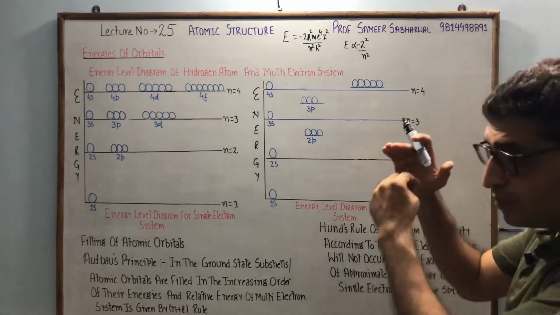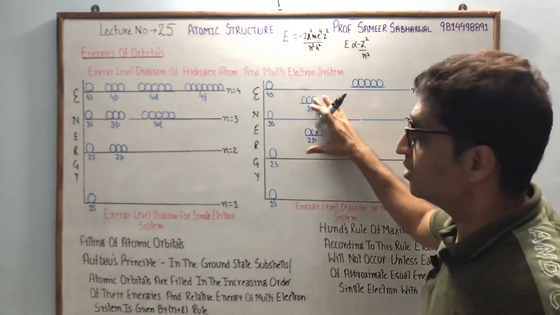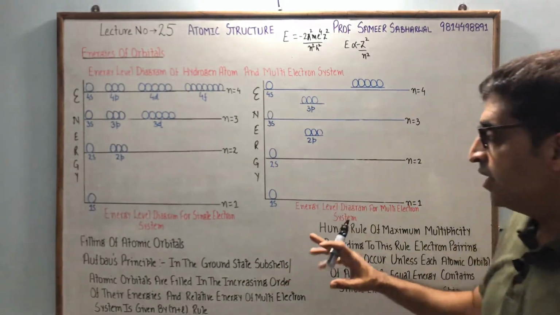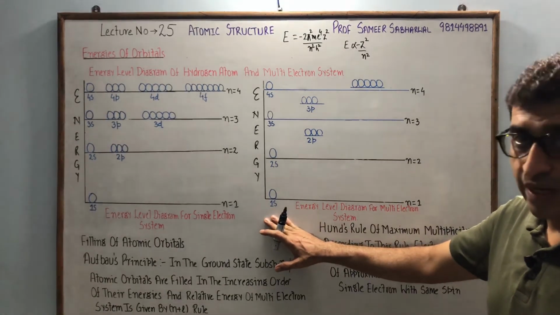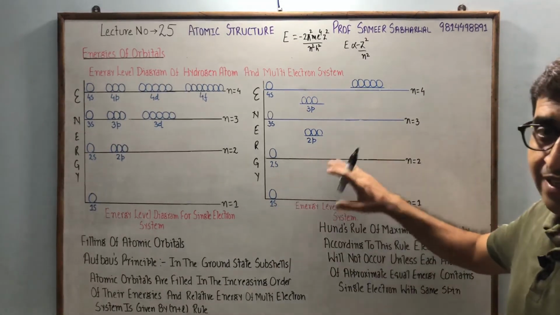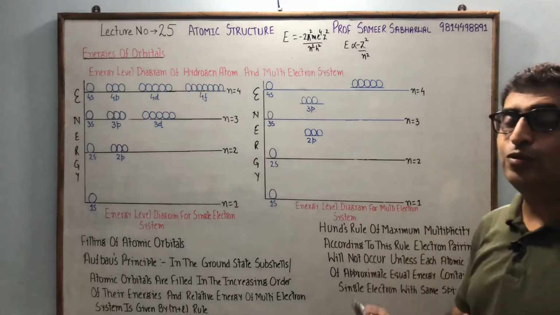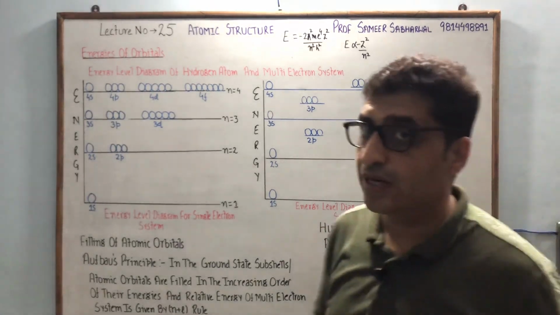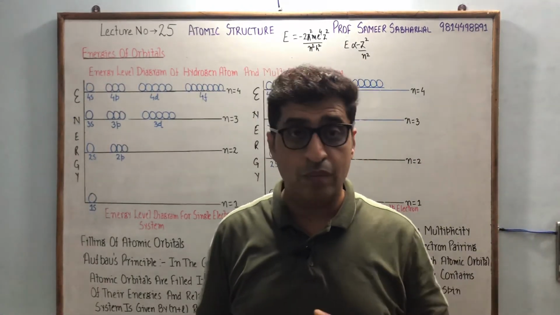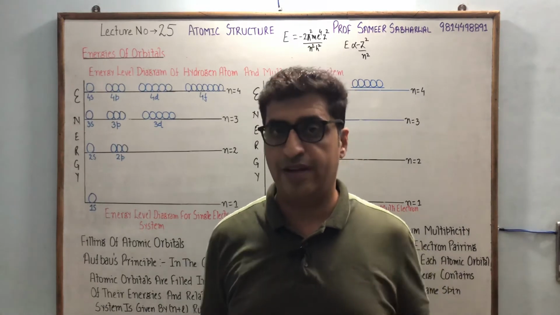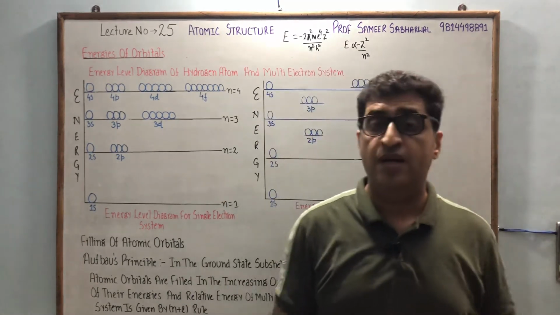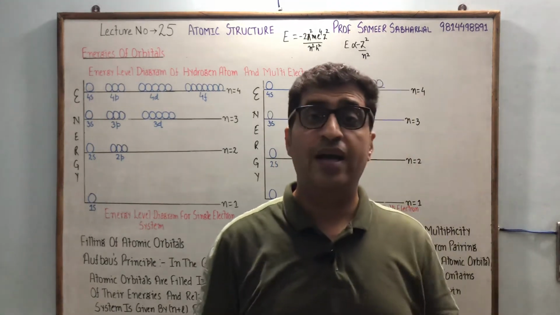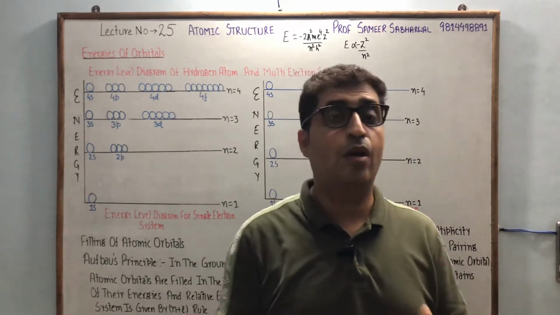So shells are coming closer to the nucleus in the case of a multi-electron system. Now this is the first shell having one orbital 1s. This is the second shell. Here we have 2 subshells, 2s and 2p, but both subshells have different energies because in the case of a multi-electron system, relative energy is given by n plus l, not by n.